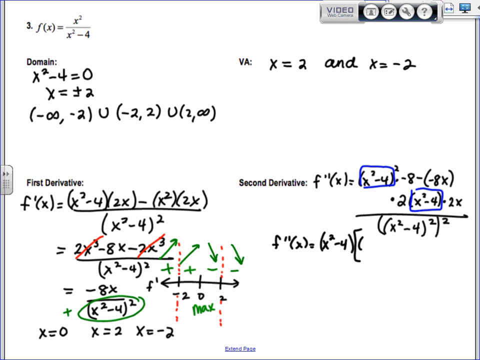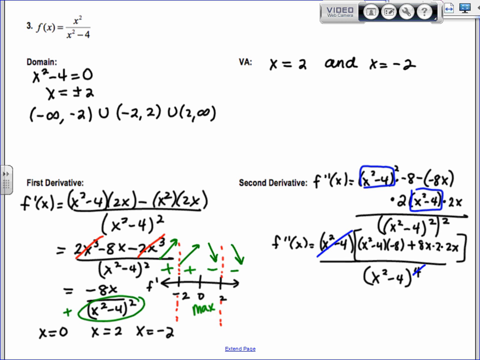But then on the inside, I still have another x squared minus 4 times that negative 8. And then I have a plus, because I have negative negative, so I'm going to say plus 8x times 2 times 2x, all over x squared minus 4 to the 4th. But now do you notice you have an x squared minus 4 on top?